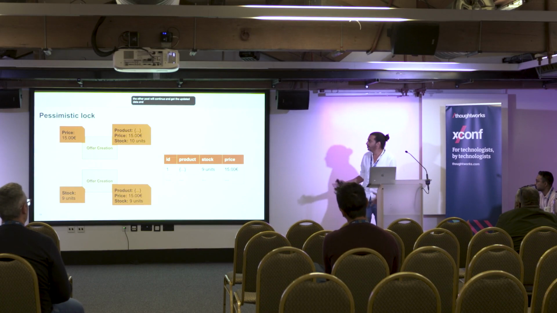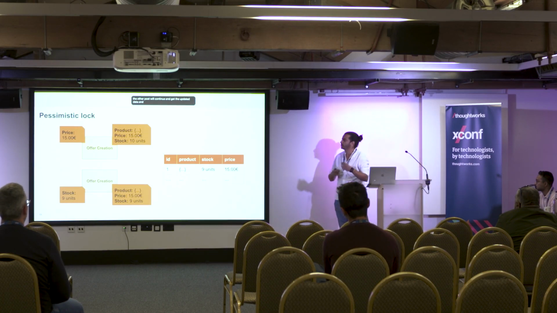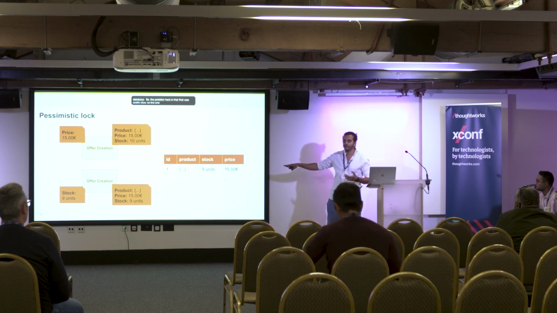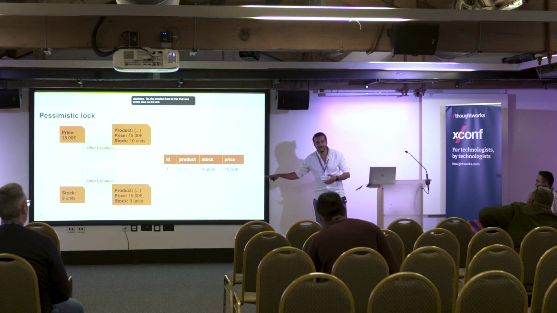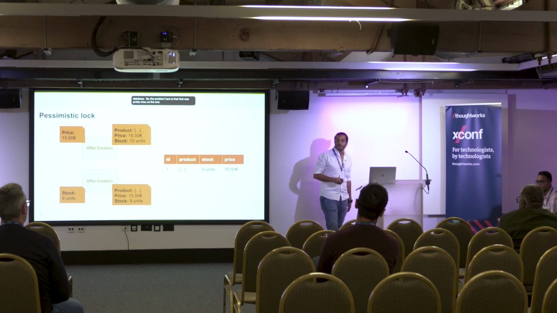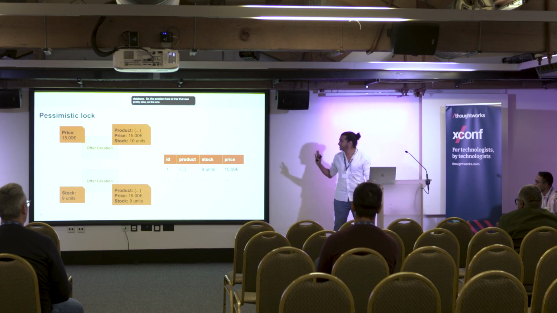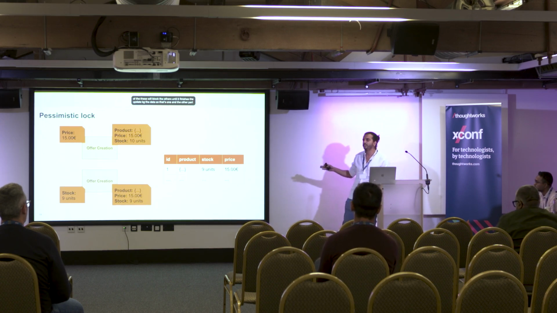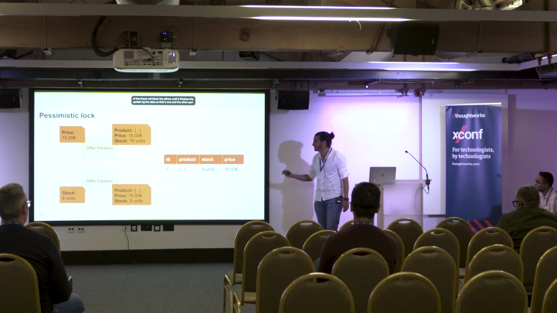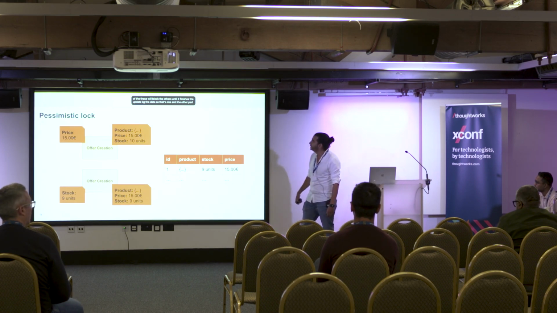The problem here is that it was pretty slow. One thread of execution will block the others until it finishes updating the data. The other part is that the database load increased to be able to maintain all these transactions on all of these locks.